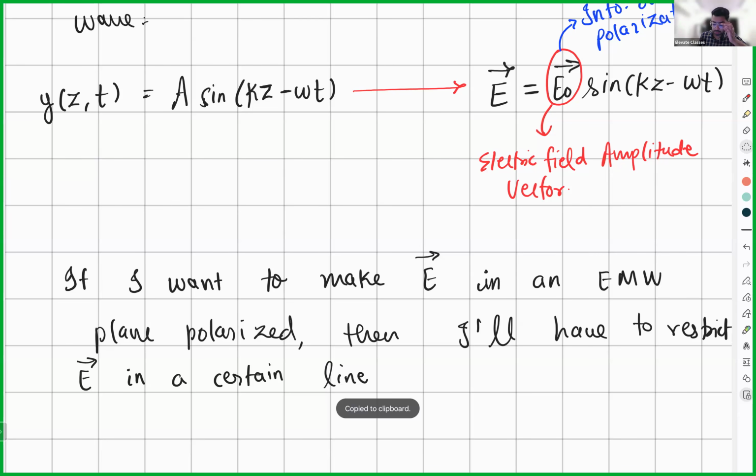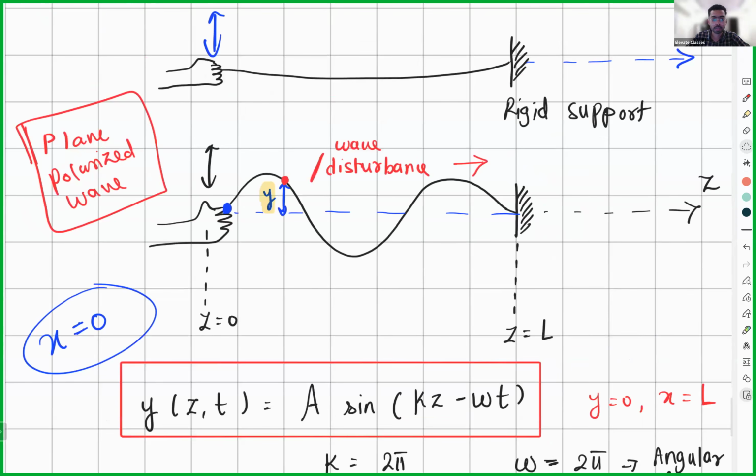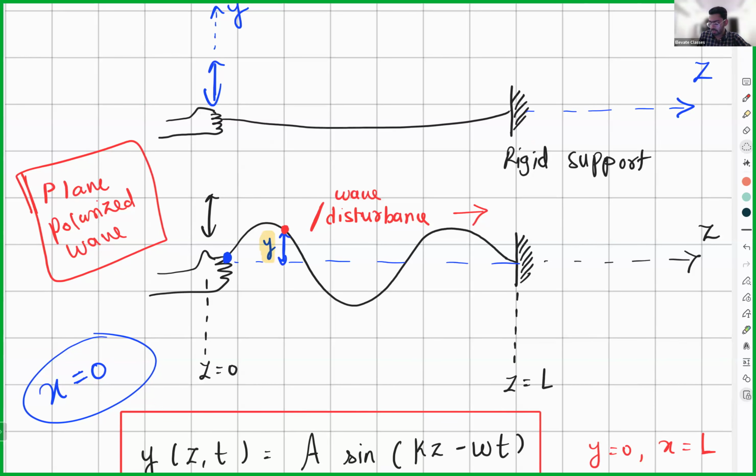Like for example, in this case also, the mechanical wave case is taking some time to load. Yes, this one. So you can see over here that any particle on the string is oscillating in the y direction only, remember.